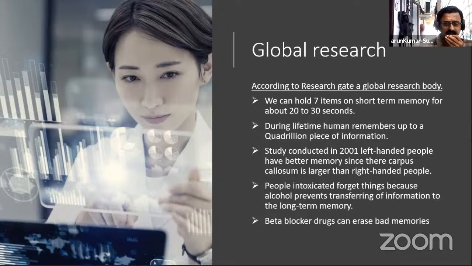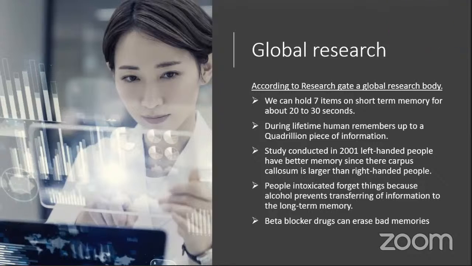During our lifetime, a human remembers up to a quadrillion pieces of information, which is an amazing size. A study conducted in 2001 says left-handed people have better memory since their corpus callosum is larger than that of right-handed people. That is why left-handed people are more creative compared to right-handed people. So if someone in your house is left-handed, don't change them into a right-handed person.